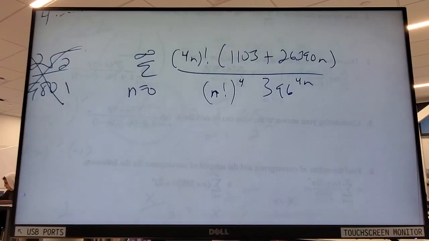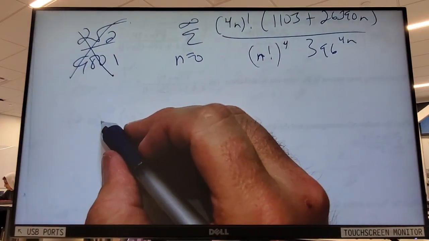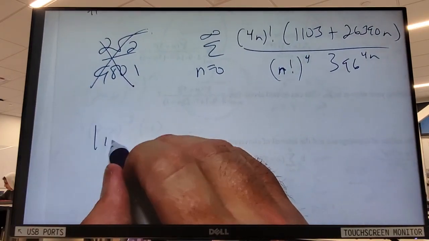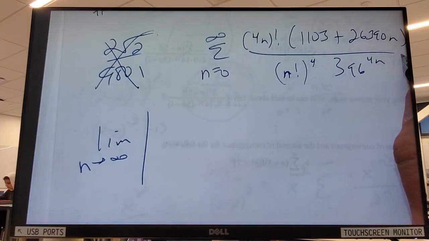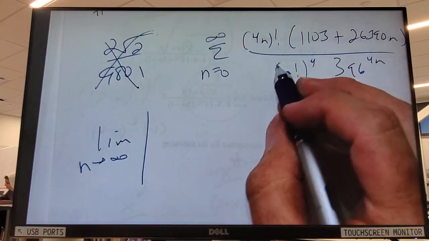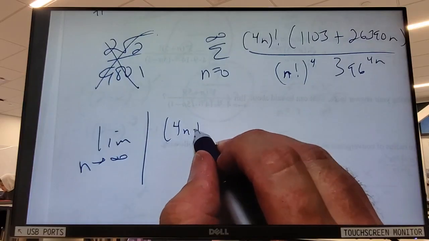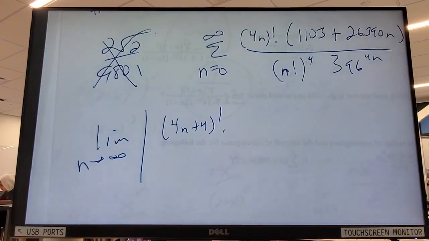Okay, so we can do this one together. I need to replace n with n plus 1. Are we at a good place where you see that that's what that's going to be? Replace with n plus 1, the 4 comes in, 4n plus 4.